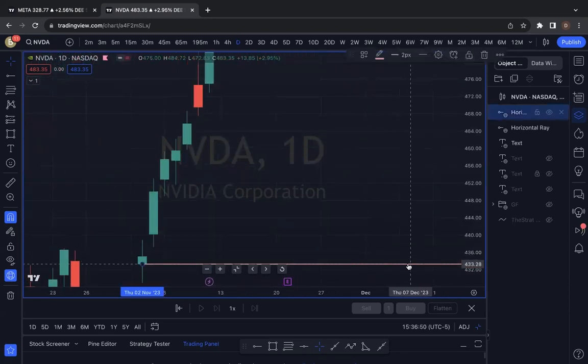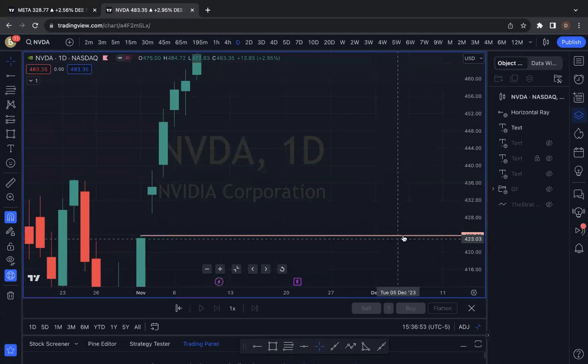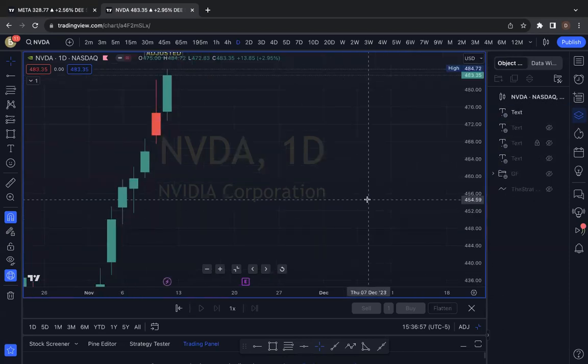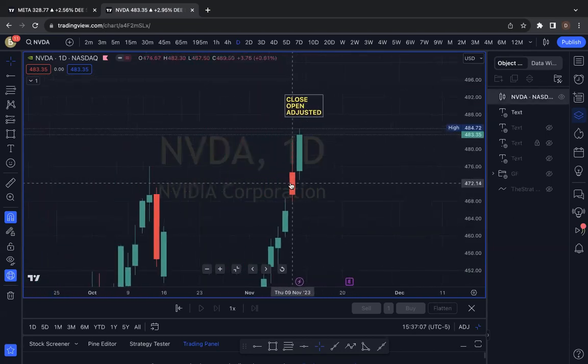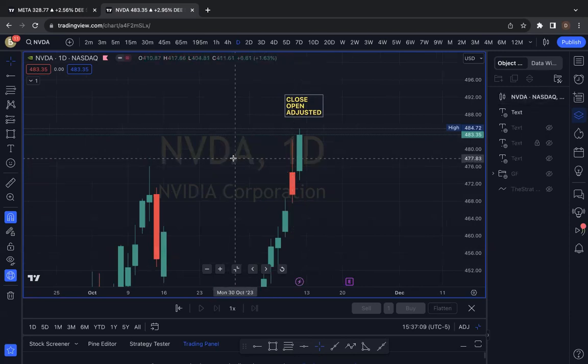Okay, let's take this away. Now, gaps can also be used as support and resistance. I do notice sometimes when you see a gap, I know SPY just did it, it'll reject the gap sometimes.